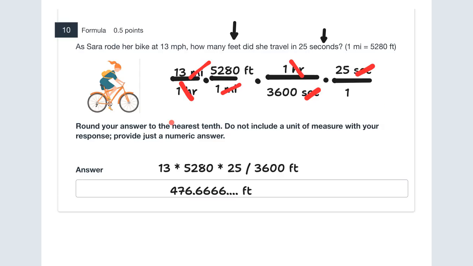What do the directions say? Round to the tenth. First digit after the decimal is in the tenth spot. This 6 afterwards tells us to round up. So this is going to go to 476.7 feet.